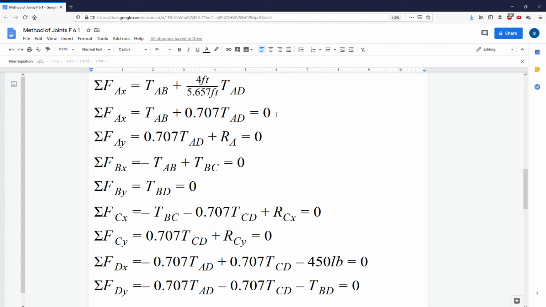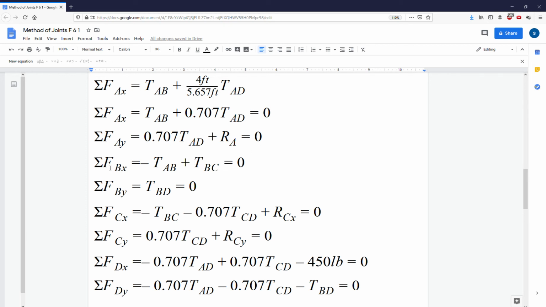In the Y direction, joint A has the tension from member AD and the reaction at A. Again, member AD is diagonal, so we will need to find the component. So that equation becomes 0.707 TAD plus RA is equal to 0.